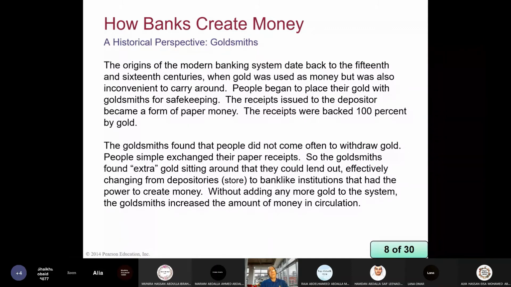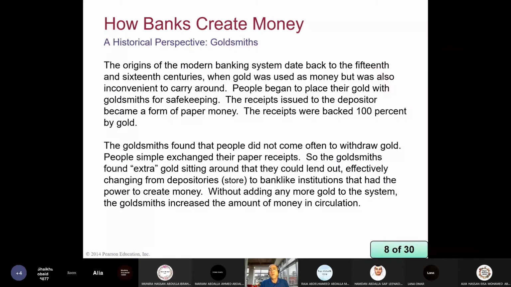Okay, so what's the idea here? Since people started to exchange receipts instead of gold, see, it's safer to exchange receipts than actual gold. And now the goldsmith realized that he or she holds extra gold, and those people who deposited gold didn't come back to withdraw gold.